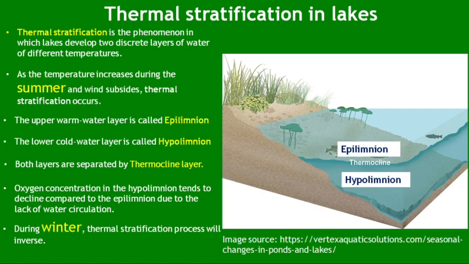So this thermal stratification process will inverse or reverse during winter season. So that was how temperature varies in any lake from top to bottom, resulting in epilimnion, hypolimnion, and thermocline layers.